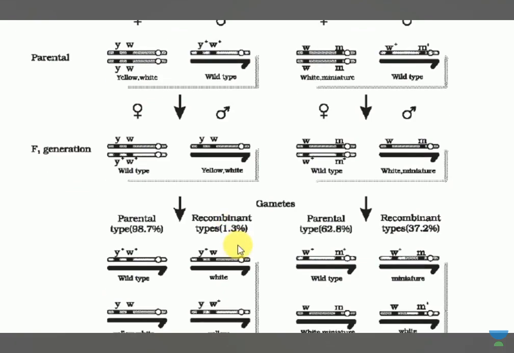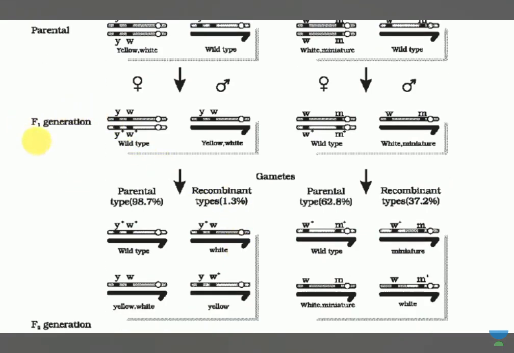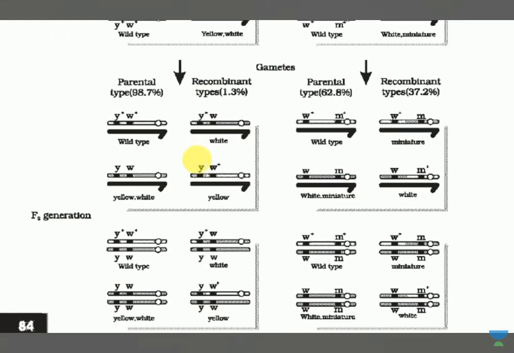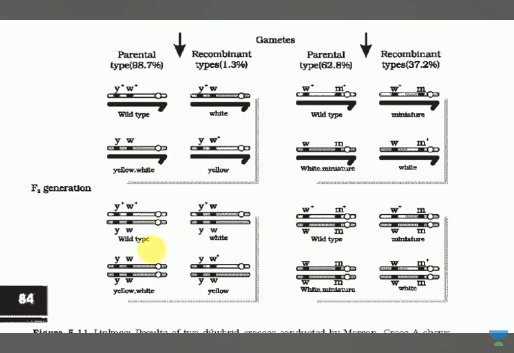And when we will intercross the progeny formed in the F1 generation, तो हमें F2 generation मिलेगी, and that F2 generation will not be resembling the data of dihybrid cross that is done by Mendel, because the phenotypic ratio of Mendel's dihybrid cross was 9:3:3:1, but ऐसा कोई डेटा हमारे मॉर्गन साहब के पास नहीं आया. So the data of dihybrid cross done by Morgan was very different from that of Mendel.